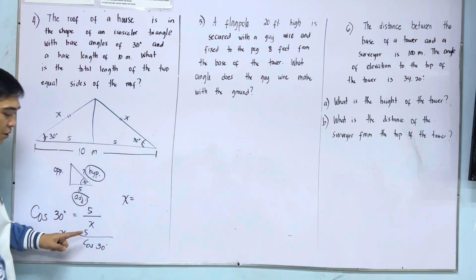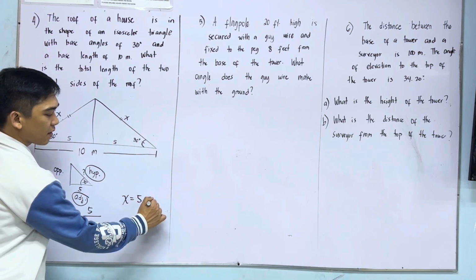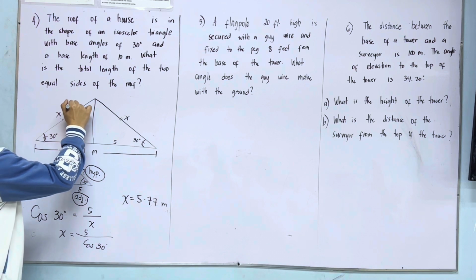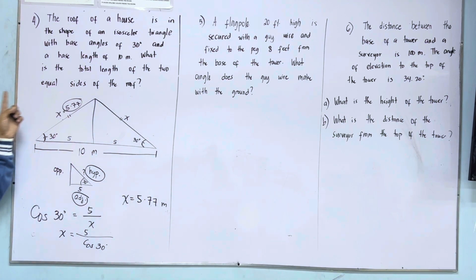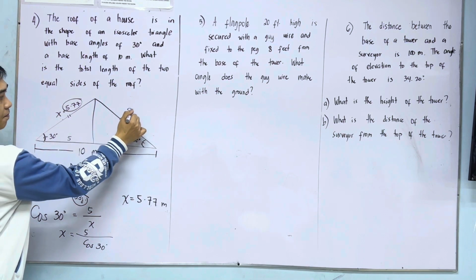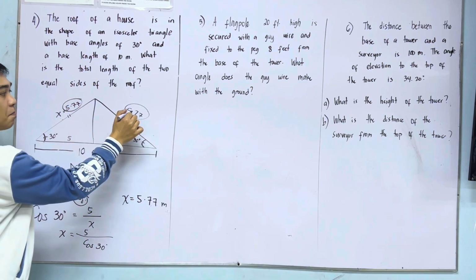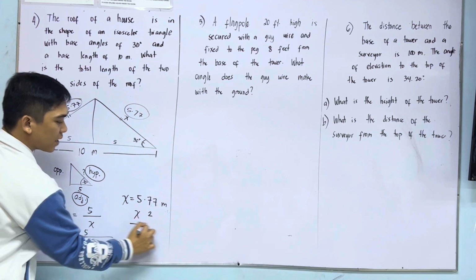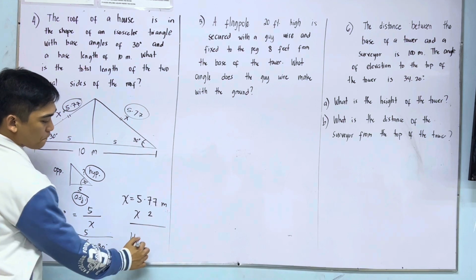X is equal to 5.77. Now the question is, what is the total length of the two equal sides? I-add natin 5.77 plus 5.77 or simply times 2, this is 11.55. Ilan?